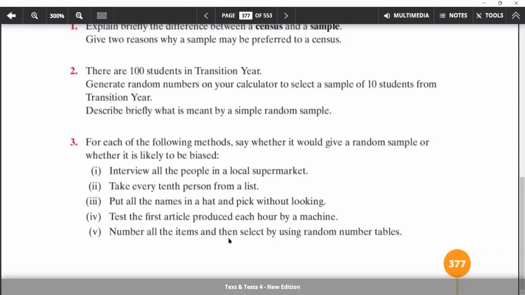Number all items and then select by using random number tables, or a random number generator on your calculator. That'll be random. The only one here that's maybe not is interviewing everyone in a local supermarket. You're more likely to get, say, homemakers, or if it's during the day, people who aren't working. So you might be excluding people from your survey if you're doing that.